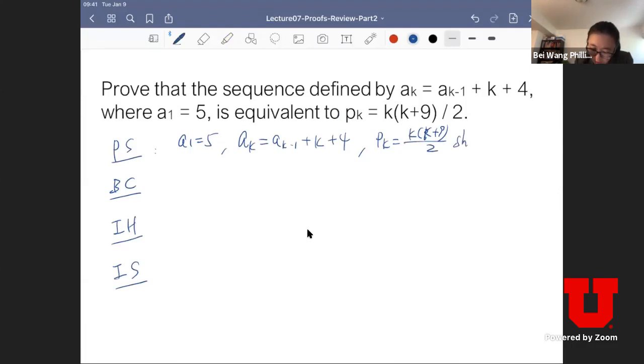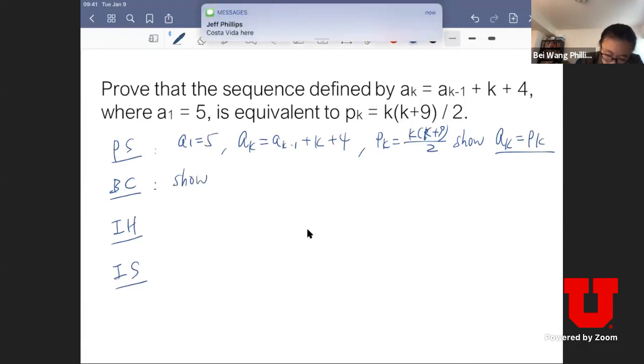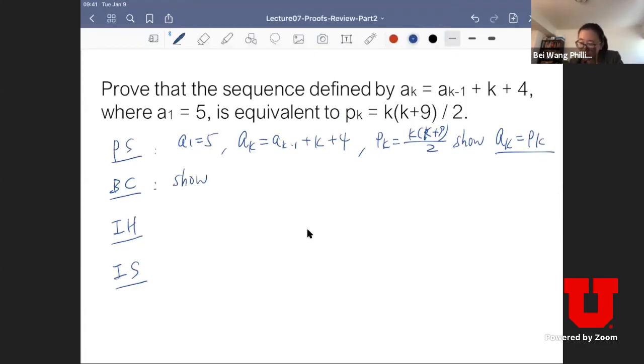And we want to show that Ak is equal to Pk. The base case is we want to show that A1 is equal to P1. How do we show that?